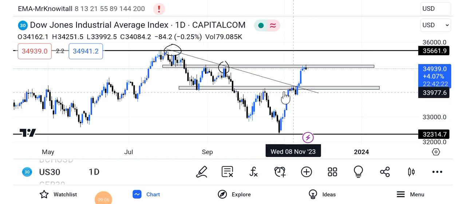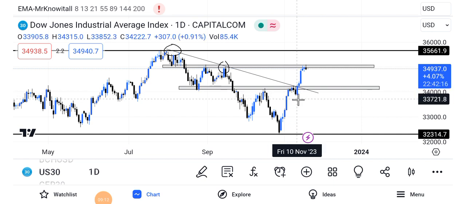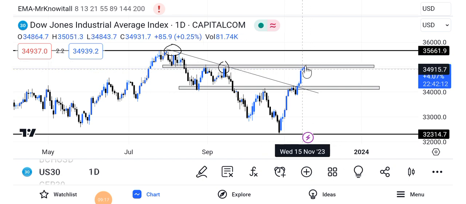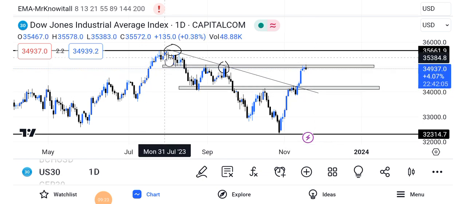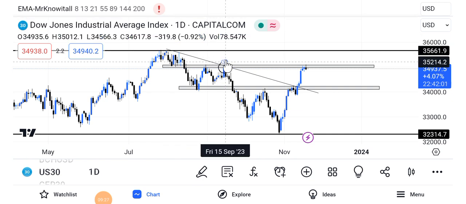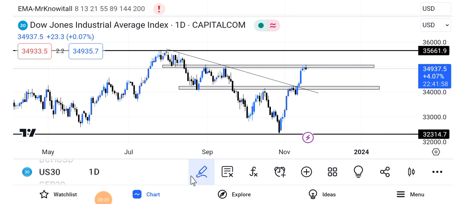Unfortunately, because the bullish power was very strong, it actually broke above. So we must be careful that it doesn't become the same situation that took place, because the market repeats patterns at all times.